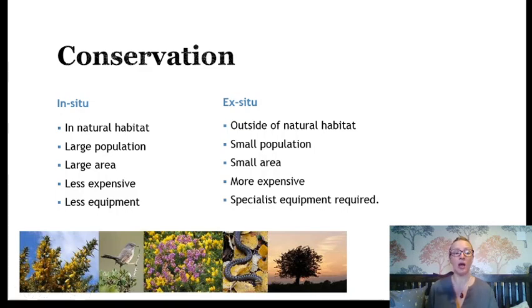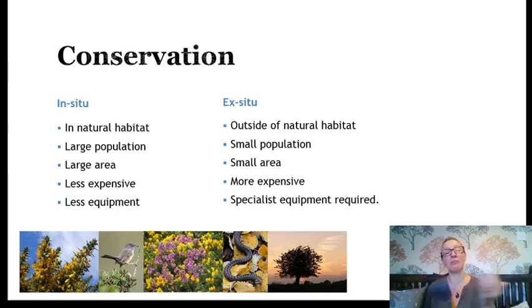If it's not possible to have in situ conservation, sometimes there's not enough land for them to set up a national park. Sometimes the threat that the population is suffering from is still there.